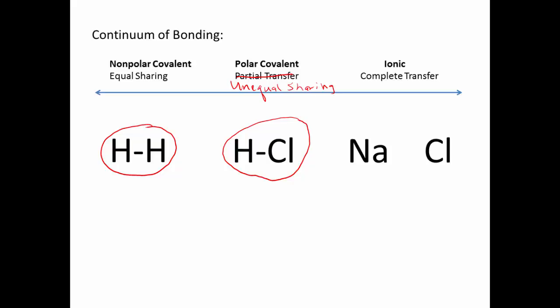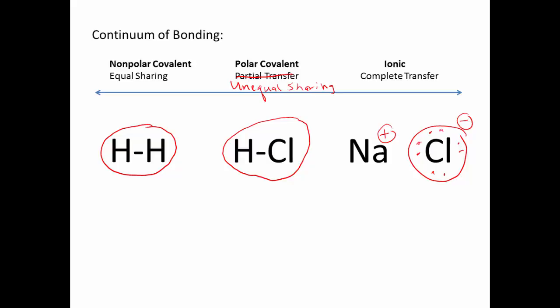When we have a very large difference in electronegativity, you get a complete transfer of electrons. So basically, your sodium's electron hops over to the chlorine, and the chlorine gains a negative charge, while our sodium gains a positive charge, a complete charge.